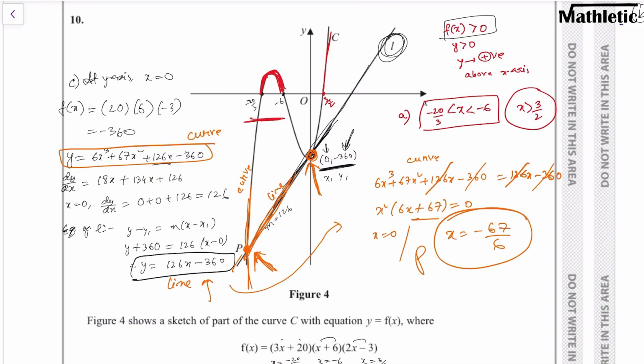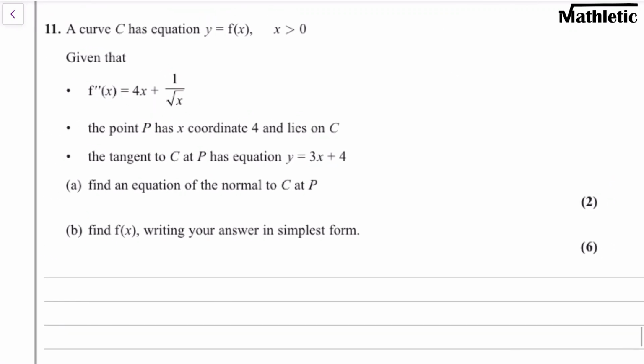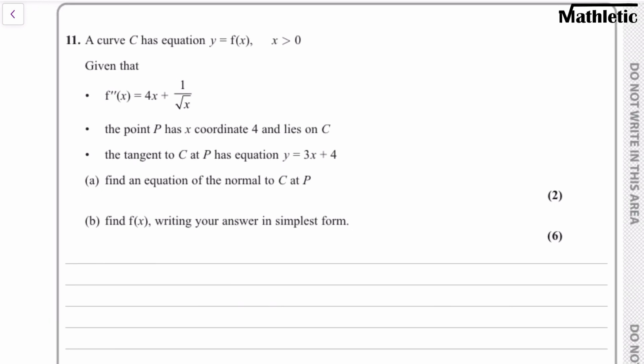So we are left with number 11 only. So for number 11, this is f double prime. Initially the equation of the curve is f of x. When you differentiate this, you get f prime x.